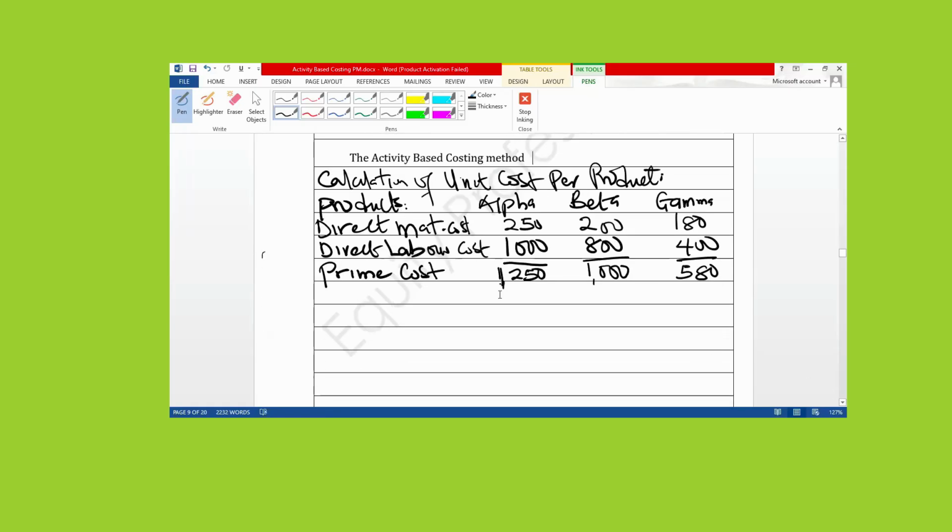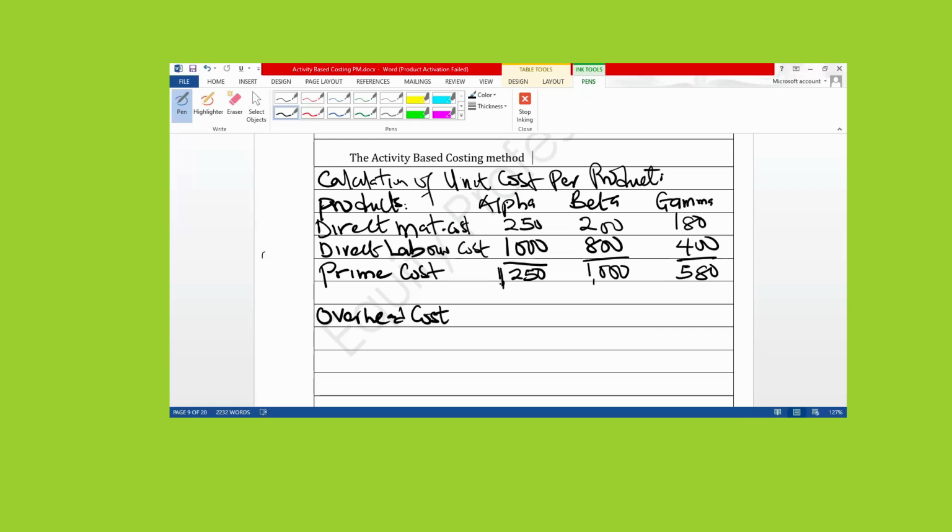These are direct costs. Now we need to add overhead. And we are using activity based. We are not using labor hour again, not just labor hour for the whole overhead cost.